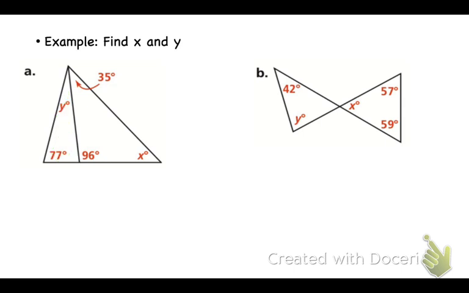So, what angle would you like to find? X or Y first? X. Why X? Because we already have 2 angles. So X is going to equal 180 minus (96 plus 35). Is that parenthesis important here?